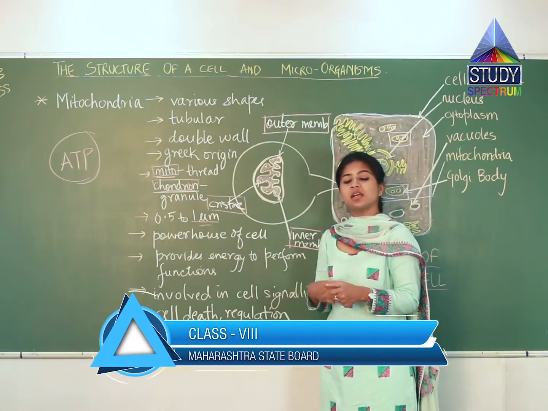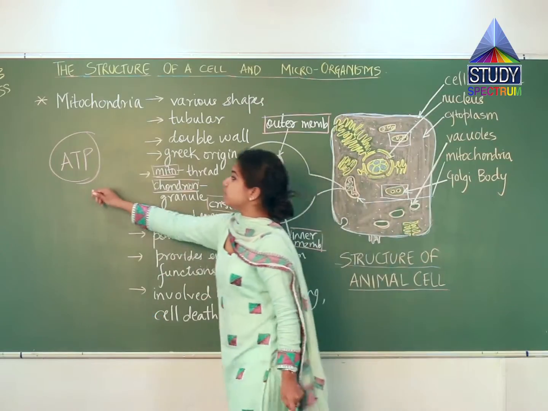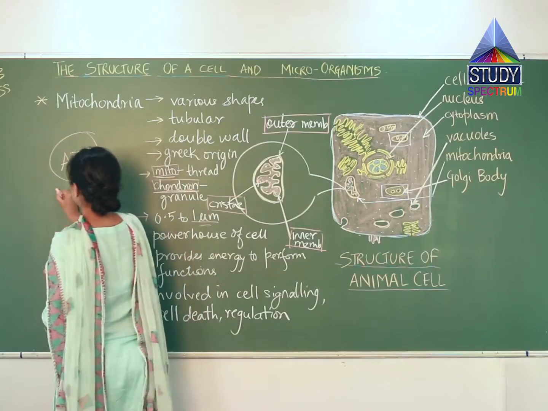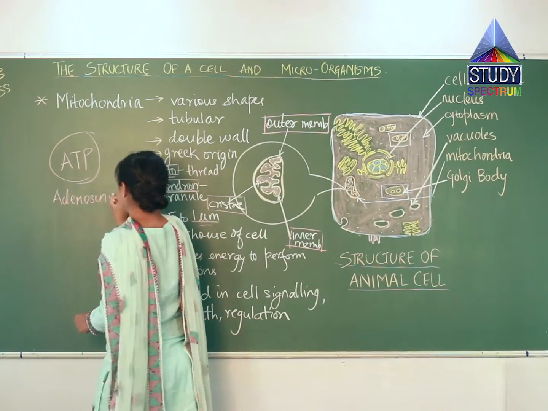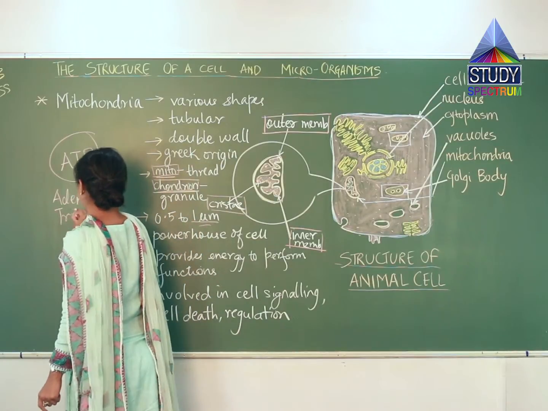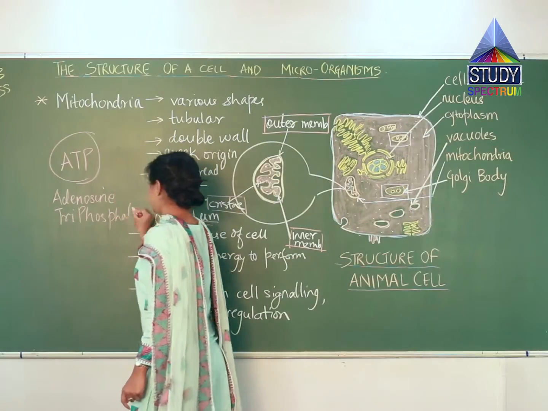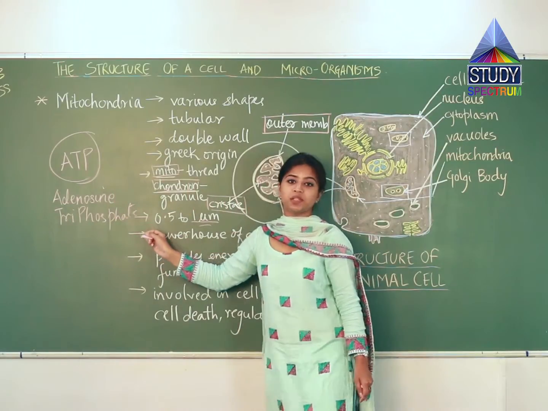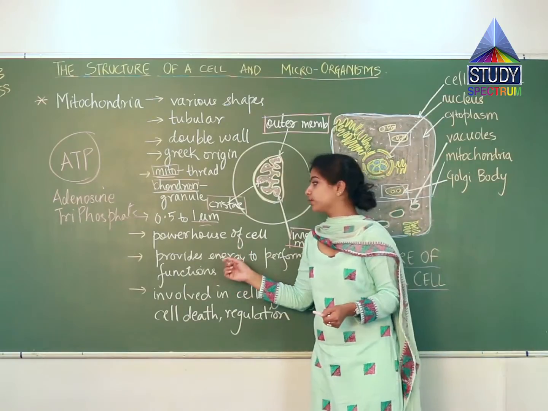By synthesizing a chemical substance known as ATP, that is adenosine triphosphate. Let me write it down for you. Adenosine triphosphate. Of course, you don't have to focus on this, but this is just general knowledge for the higher classes that you would go in.